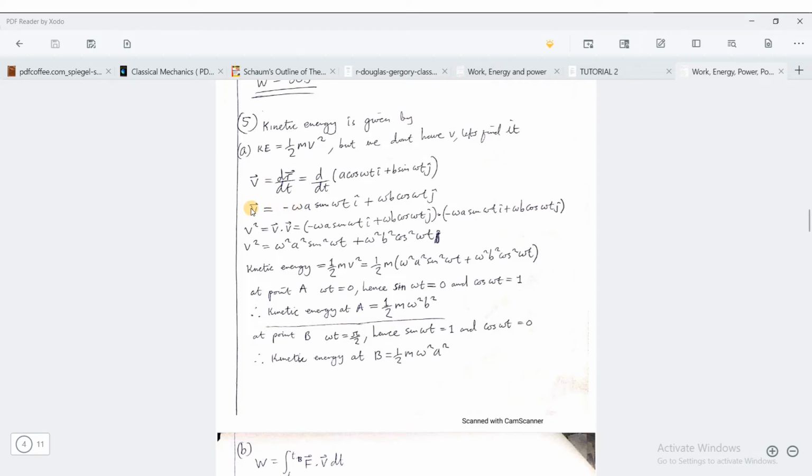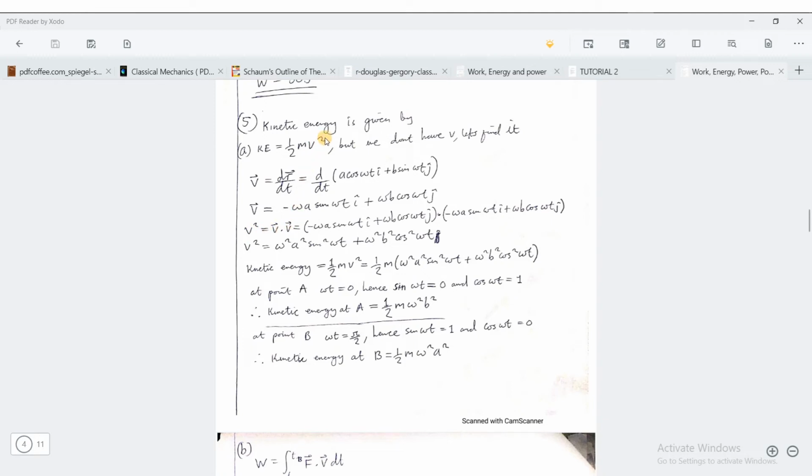When we take the dot product of this vector with itself, we'll have v squared. So v dot v gives v squared. That's something you should know. And we've got our v squared here.